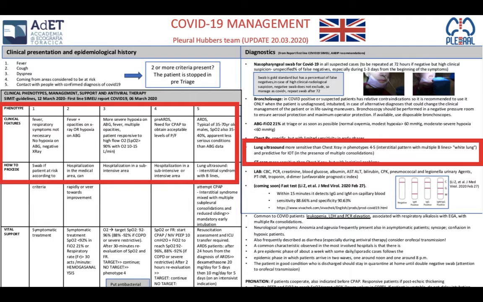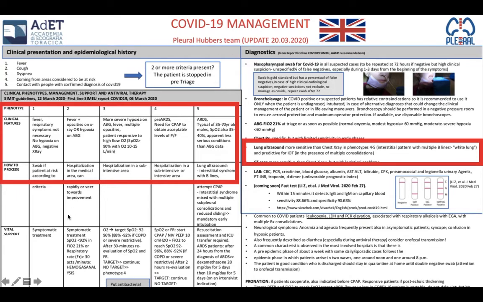Remember, as reported by our poster, lung ultrasound is more sensitive than chest X-ray in maybe all phenotypes. Ultrasound can be used in all clinical presentations of COVID-19 pneumonia with several purposes.